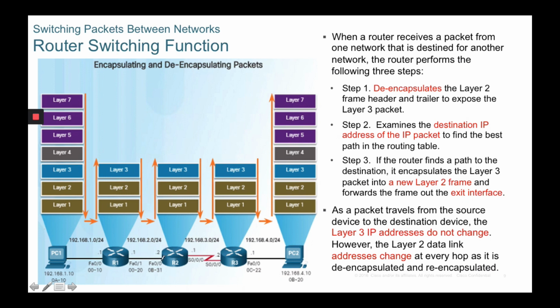Same thing goes for router 2: it receives the binary bits, decapsulates to check the MAC address at layer 2, and is going to check the destination IP address. Router 2 also found that the destination IP address is not dedicated to router 2.